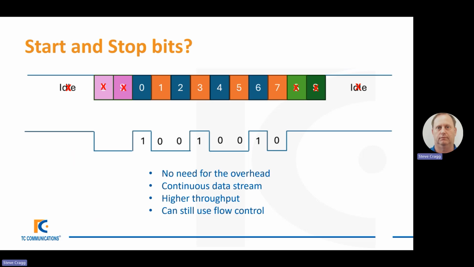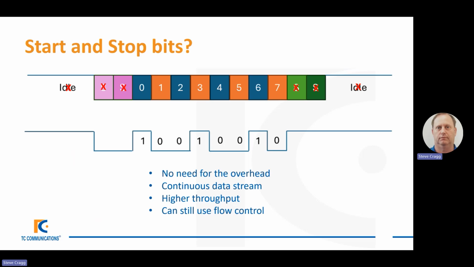So for example, if you turned on a transmitter and started it transmitting, and then a little bit later you turned on the receiver, and the receiver starts receiving it, it's got no idea where you are at in the transmission. It's just receiving ones and zeros.